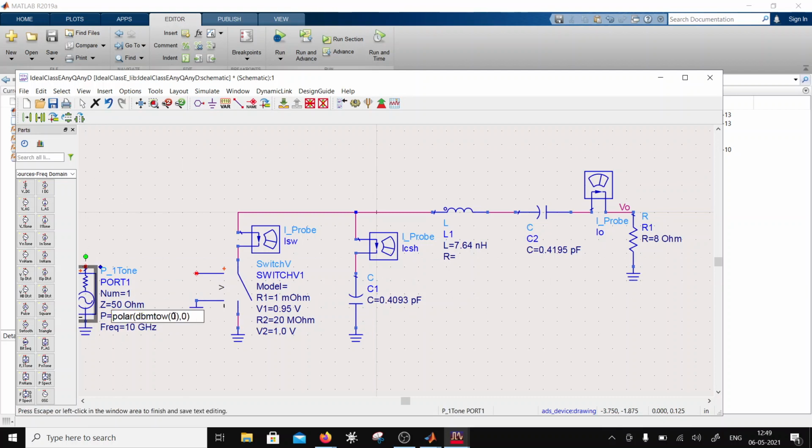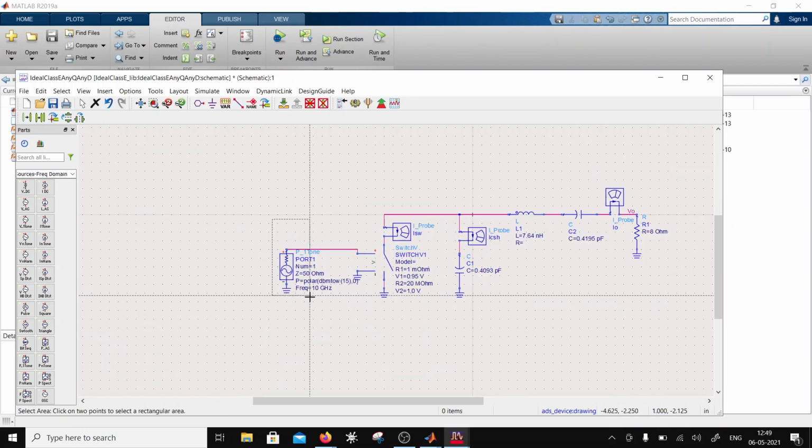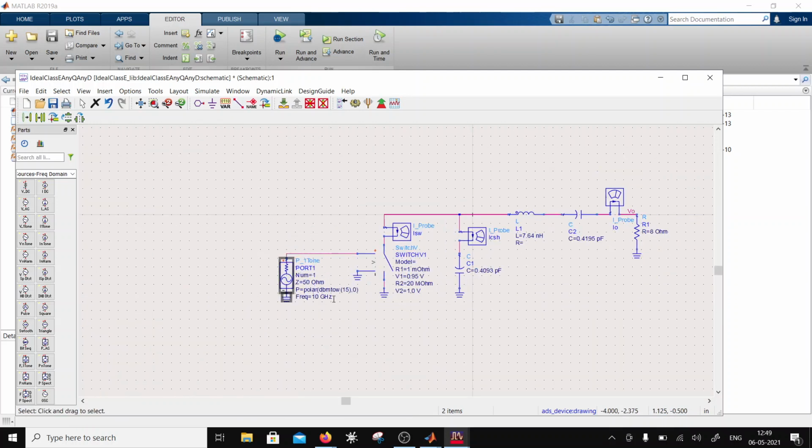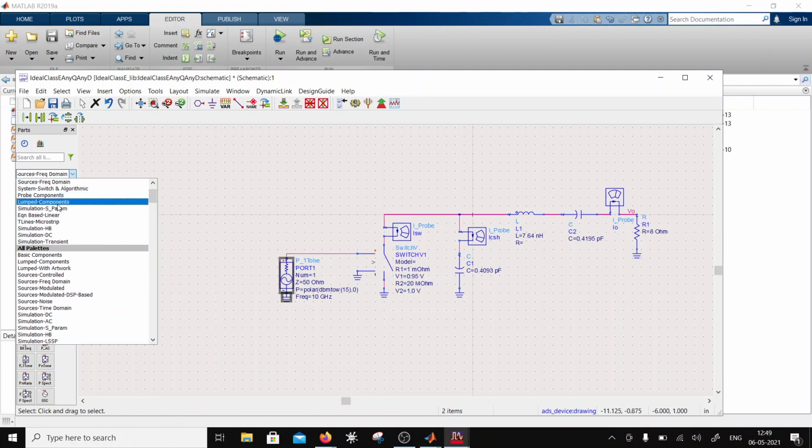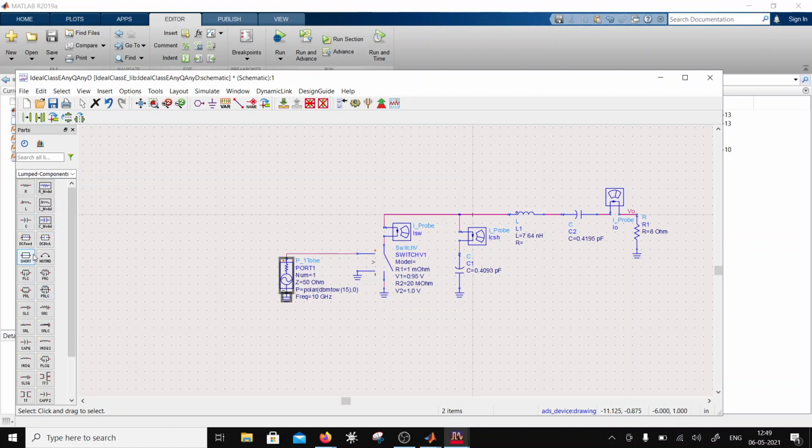And let's put in a power of like 15 dBm or something, so enough voltage swing is there, and that I will connect over here. So basically this is just a signal to switch the switch on and off. And then I'm going to use a DC feed, which is equivalent to an RFC, radio frequency choke. It only lets the DC through.